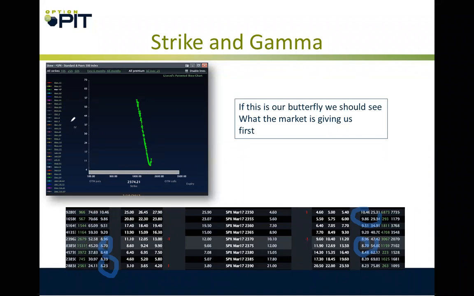Doesn't that line look kind of straight? I mean, considering there's what, 60 or 70 strikes, doesn't it look like it has a slope? I know we're going back to high school algebra with y equals mx plus b. Actually, this is more like a parabola, but you get the idea. It's a line with a slope.